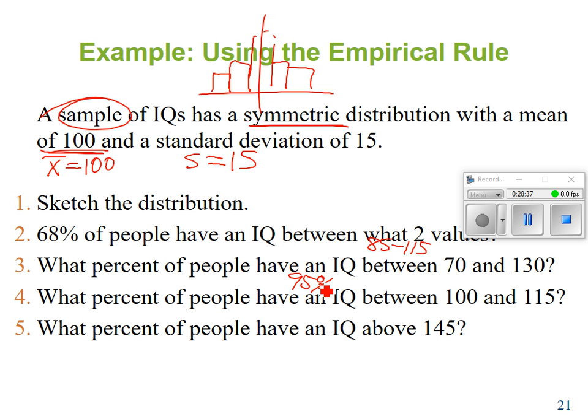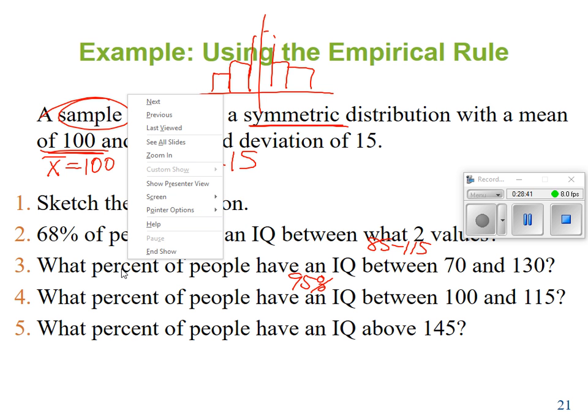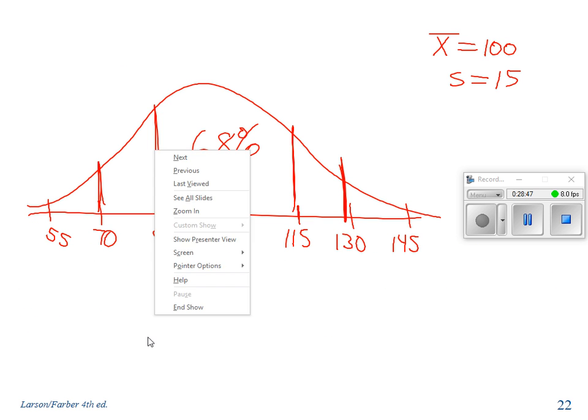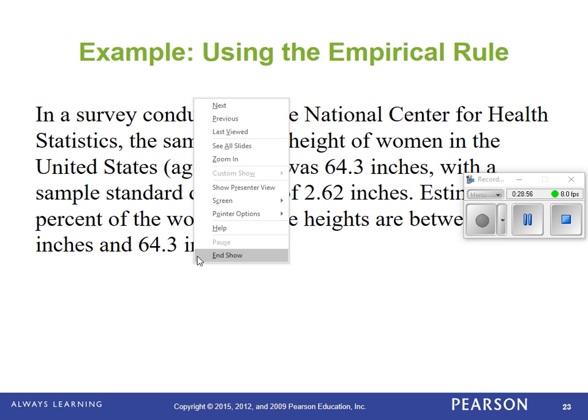What percent of the people have IQ between 100 and 115? Go back and look at it. Sometimes they make them a little harder. What did it say here? 100 and 115? Yeah, let's make sure.